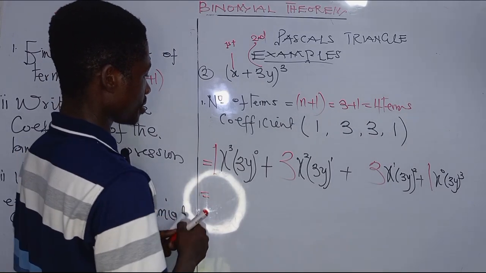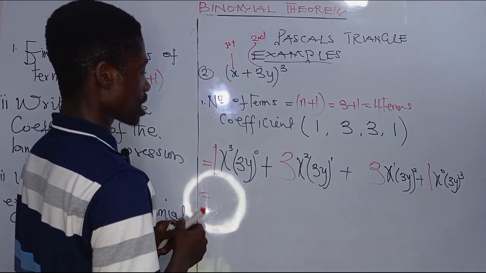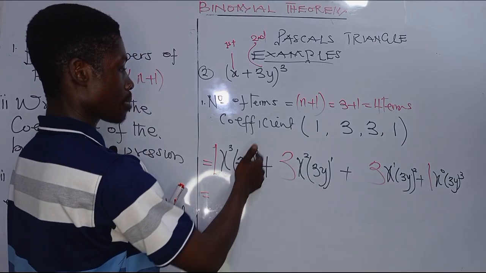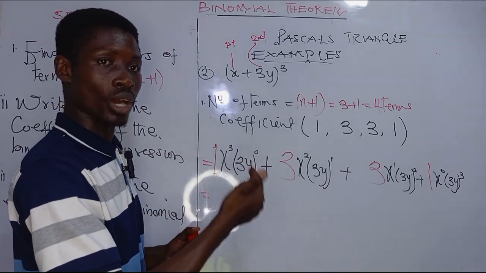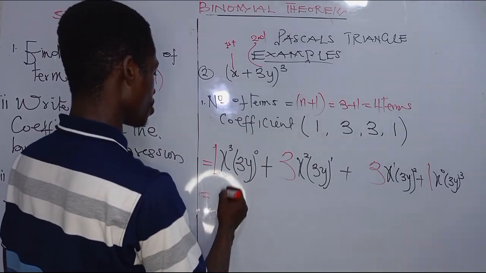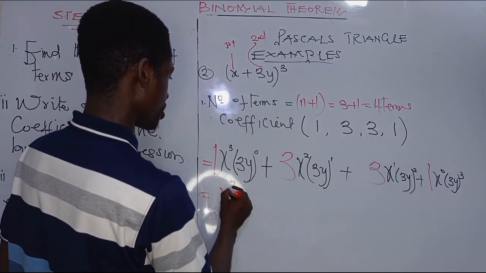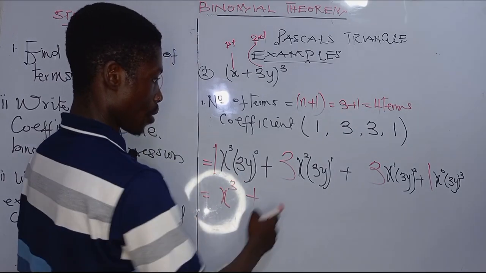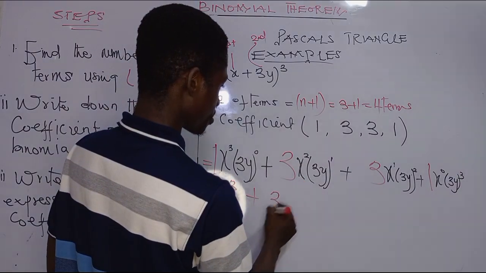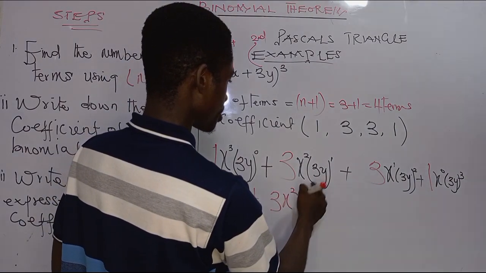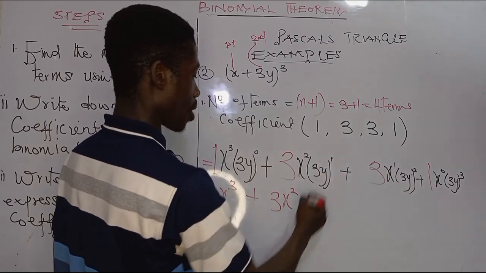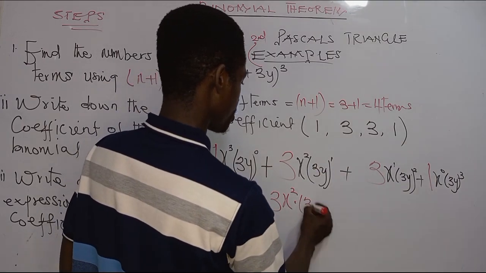Now let's simplify. 1 times x cubed will give us x cubed. 3y power 0 is what? 1. Any number raised to the power 0 is 1. So we are going to have x power 3. Now we have 3 x squared, and then 3y raised to the power 1 is 3 what? 3y.